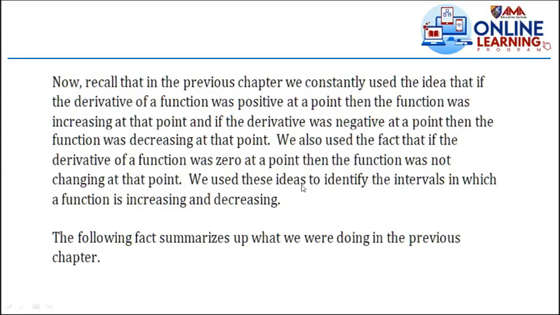We also used the fact that if the derivative of a function was 0 at a point, then the function was not changing at that point. We use these ideas to identify the intervals in which a function is increasing and decreasing. The following fact summarizes what we did in the previous chapter.